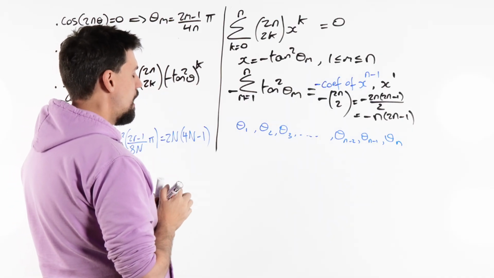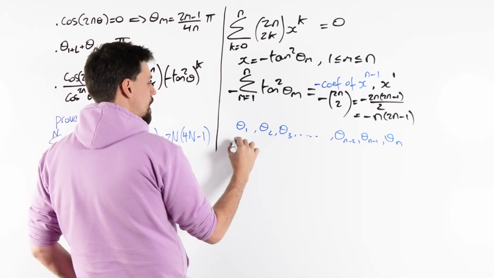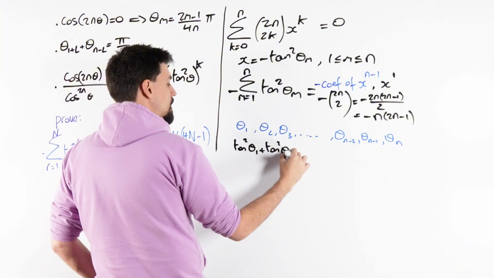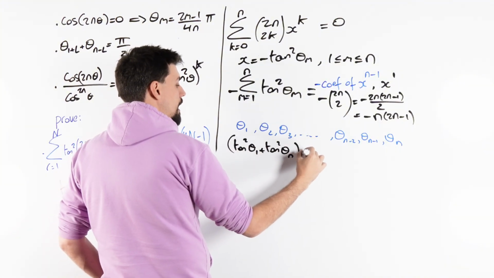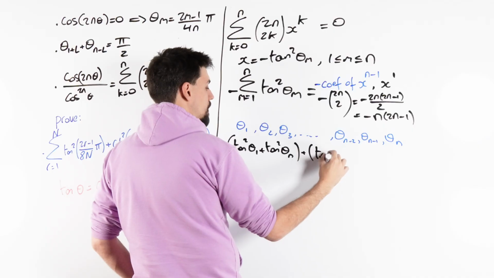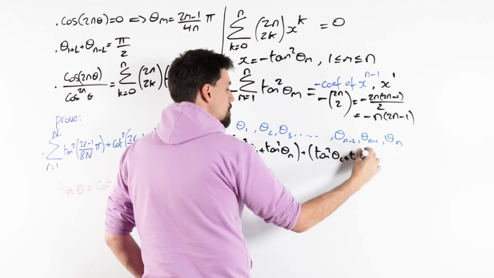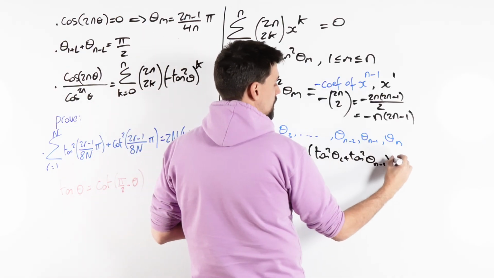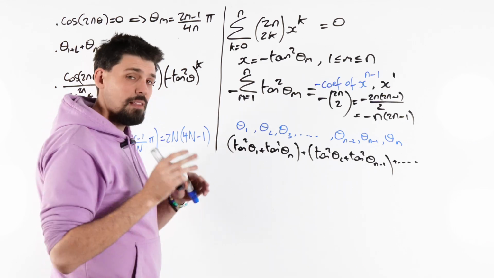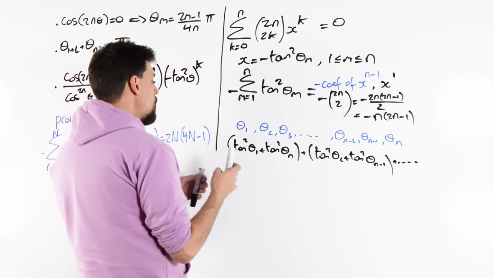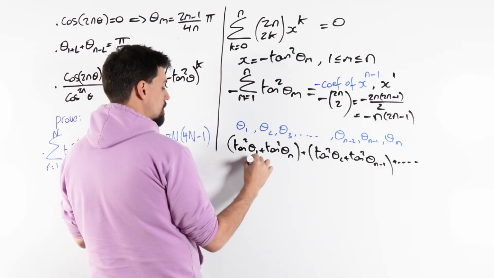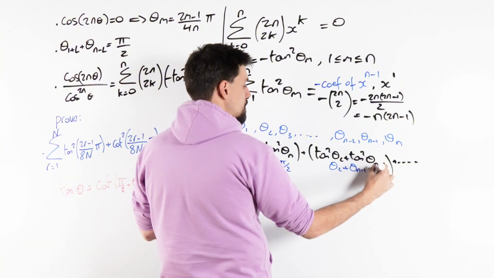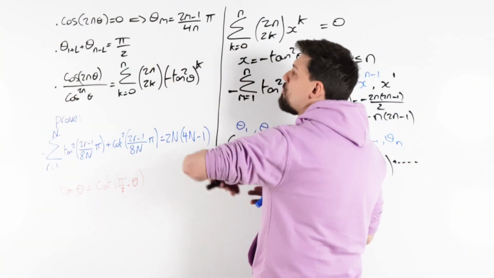If I pair these up, I get tan squared of θ_1 plus tan squared of θ_n, and then tan squared θ_2 plus tan squared θ_(n-1). Of course, θ_1 plus θ_n is π over 2, θ_2 plus θ_(n-1) is π over 2, and so on and so forth. We proved that here.